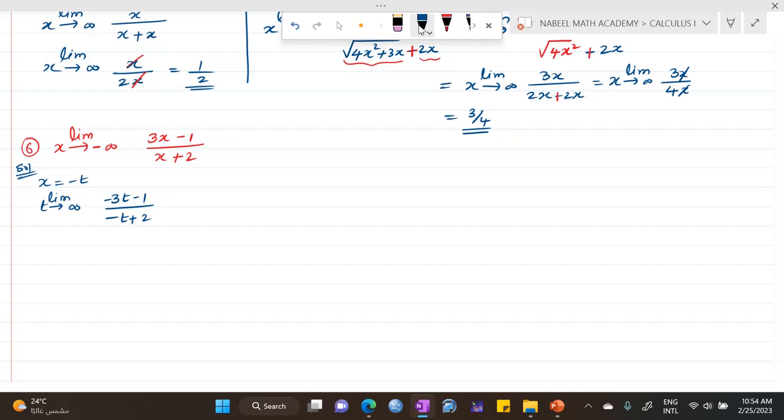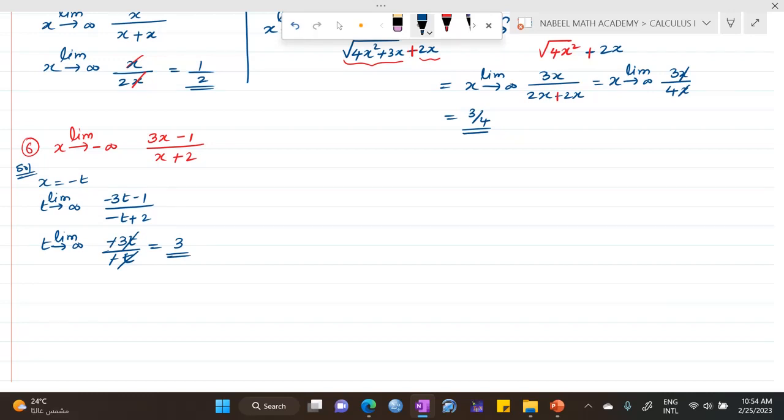As usual, thereafter it is the same story. So therefore you will have limit t approaches plus infinity, minus 3t over minus t. So minus t cancels. So the answer will be 3. So this is what we will have.